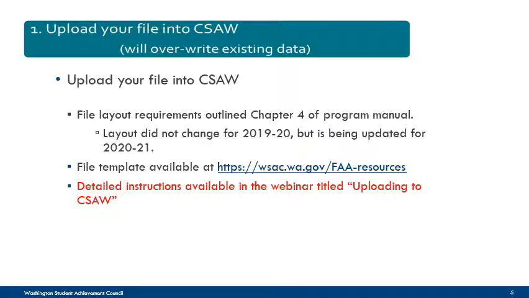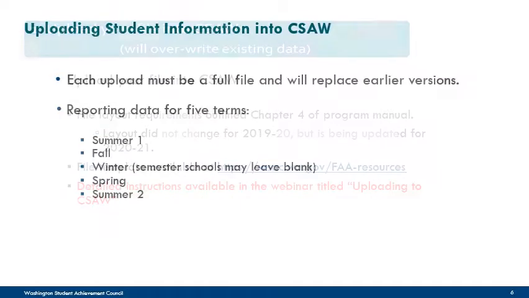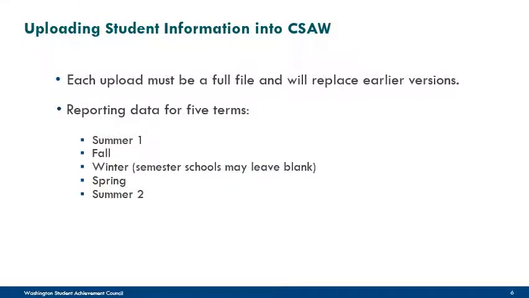There's a file template available at https://wasac.wa.gov/FAA resources. For detailed instructions, you can go to the webinar titled Uploading to Seesaw. Again, each upload must be a full file and will replace earlier versions. I can't stress this enough.